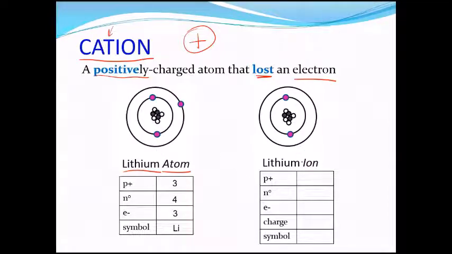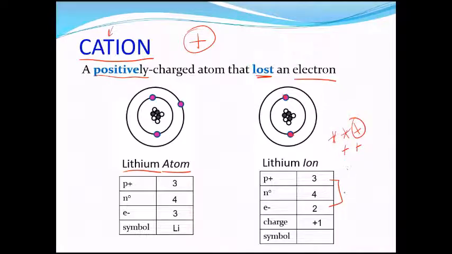Now, over in the ion, the protons are still the same. The neutrons have not changed. We have 4. But what has changed about it? How many electrons now? Only 2. So the charge on this is going to be what? So yeah, it's kind of opposite there. It's going to be a +1. This one cancels, but then we have an extra plus now.